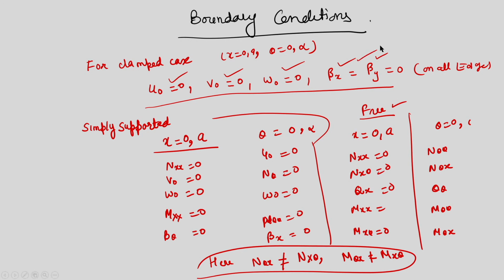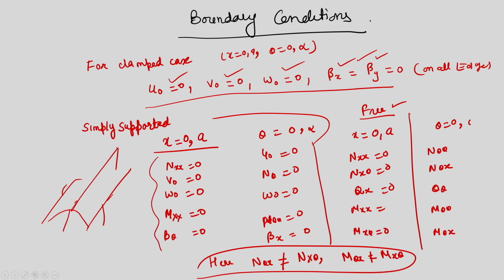But if a panel is, let us say, x equal to 0 and a simply supported, and theta alpha it may have free or something, then it is a mixed boundary.